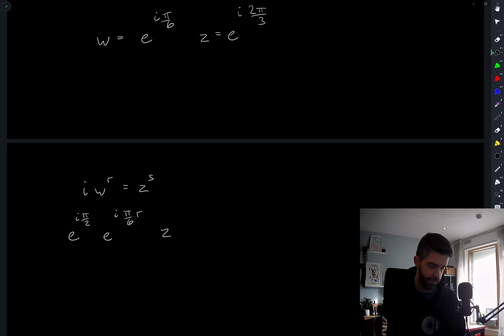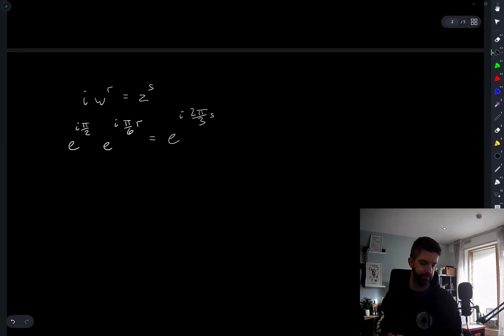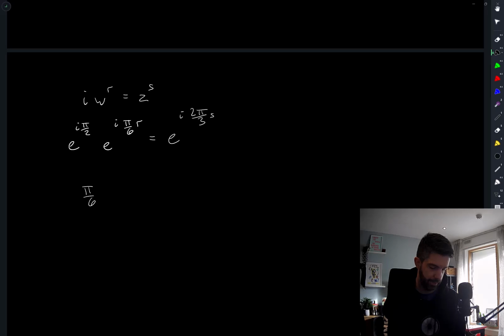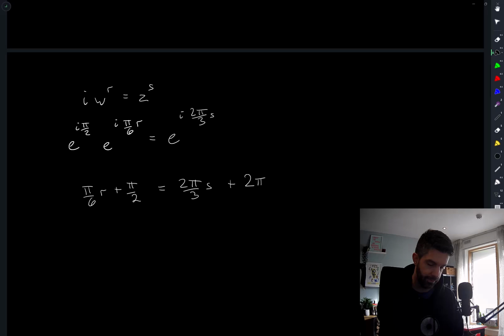And here I have z to the s, equal to e to the i 2 pi over 3 s. Okay, so on the left hand side I have pi over 6 r plus pi over 2, and on the right hand side I have 2 pi over 3 s, but these don't have to be equal, they only have to differ by a multiple of 2 pi.